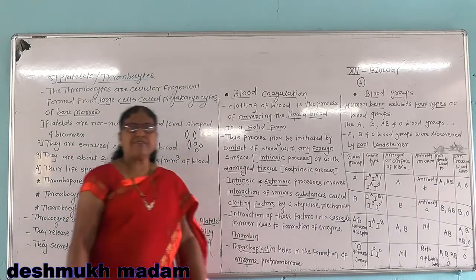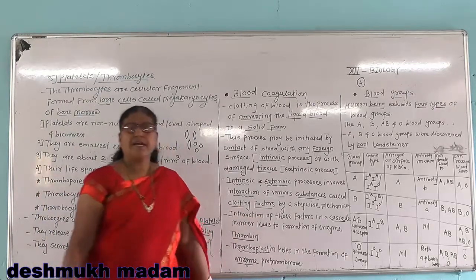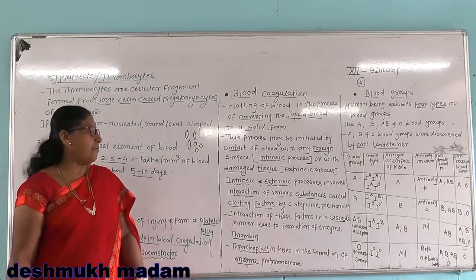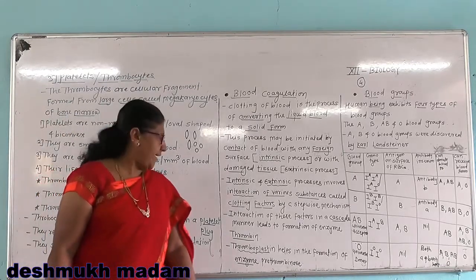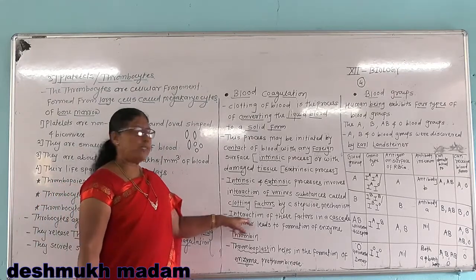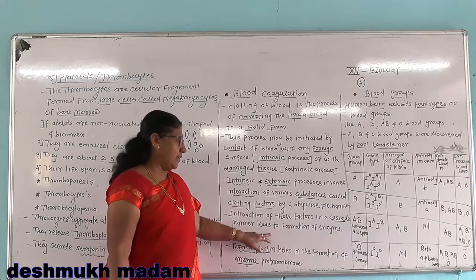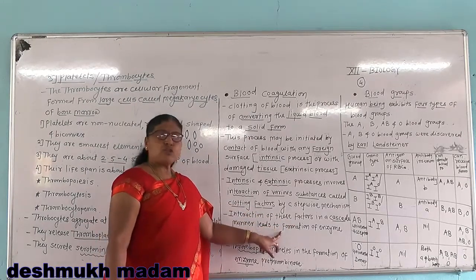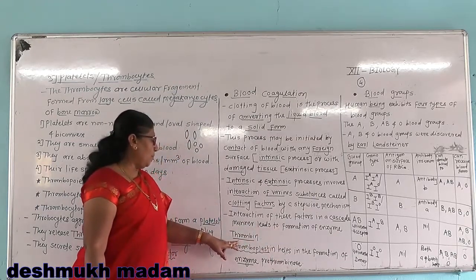Interaction of these factors in a cascade manner leads to formation of the enzyme thrombin.